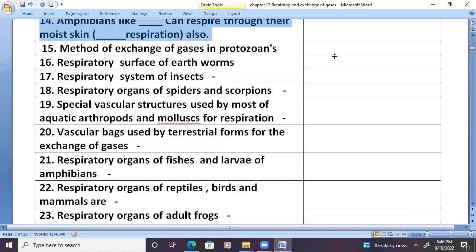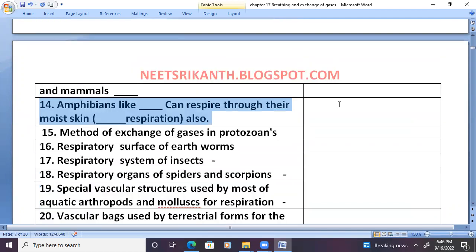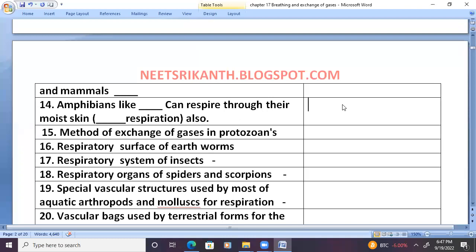Moving on to question number 14. Amphibians like frogs can respire through moist skin, and such respiration we call cutaneous respiration.